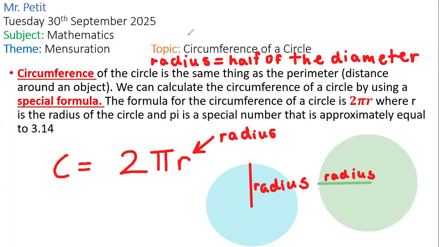Does anyone want to help him? Half of the diameter. Very good, half of the diameter. So Cleveland, what is the radius of the circle? Half the diameter. Very good.